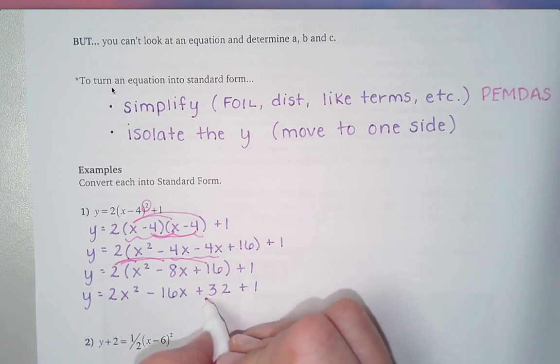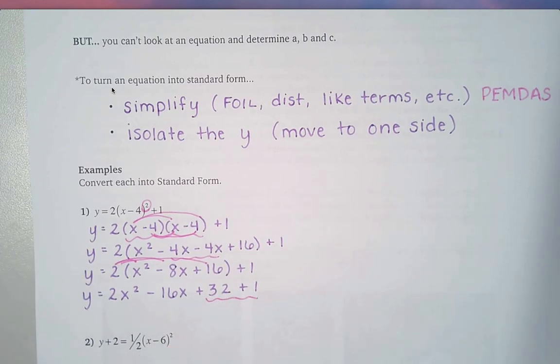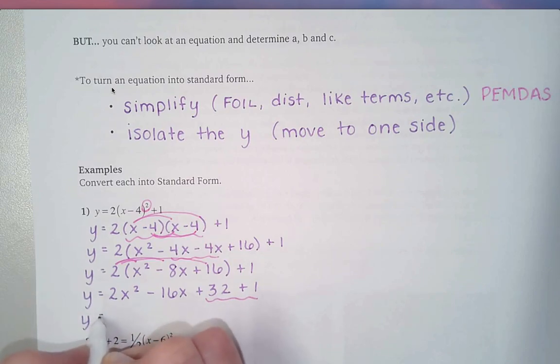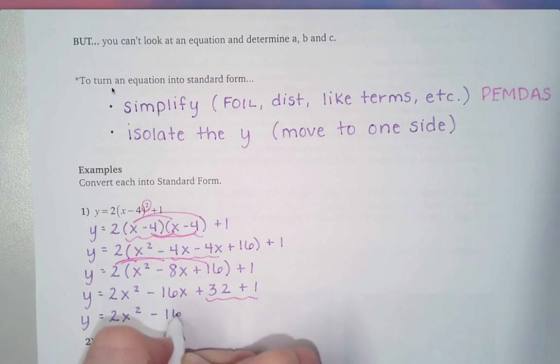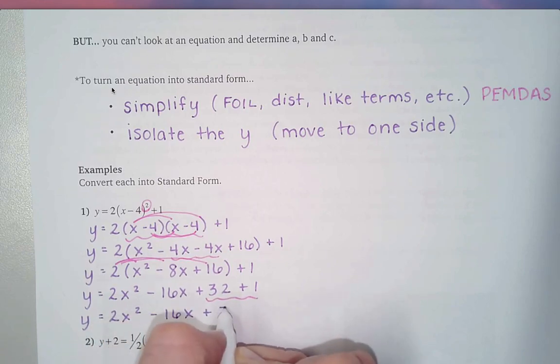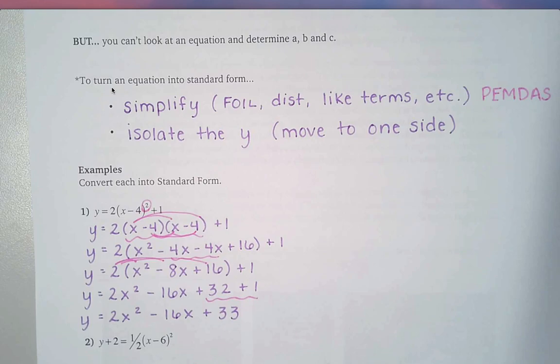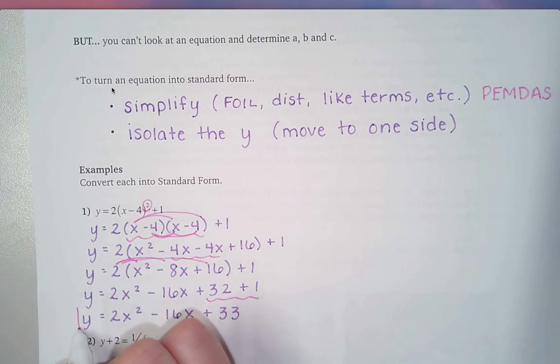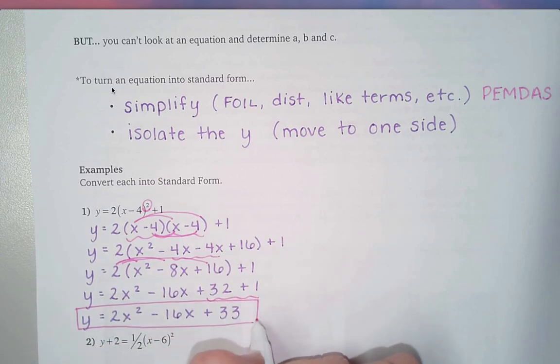And then my last step is just to put together the 32 and the 1. And that right there is standard form. That's what we mean when we say put it in standard form. It's really just clean it all up, do all the math.